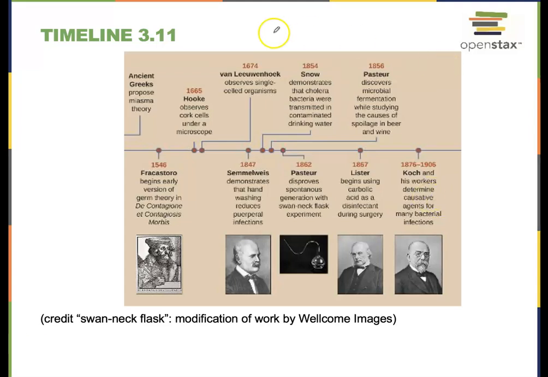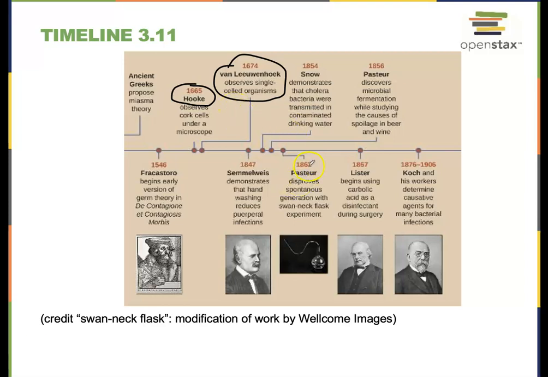In this timeline, we have just a couple more people here. We looked at Hooke, and he saw cells under the microscope. Van Leeuwenhoek also saw single-celled organisms under a microscope. So we have a microscope being utilized here to see the small world that we can't see with our naked eye.